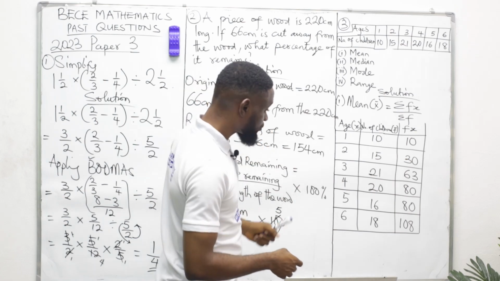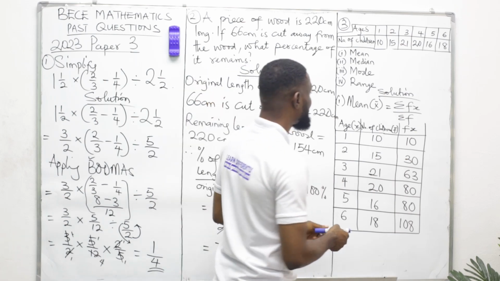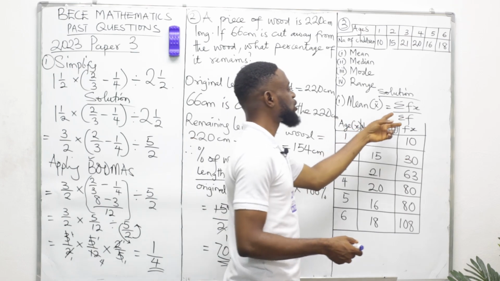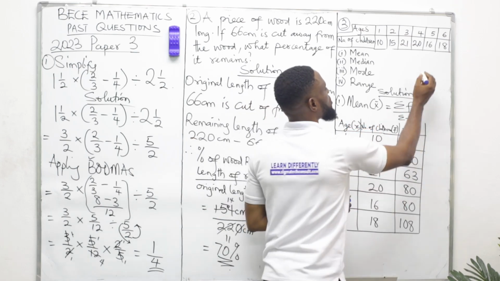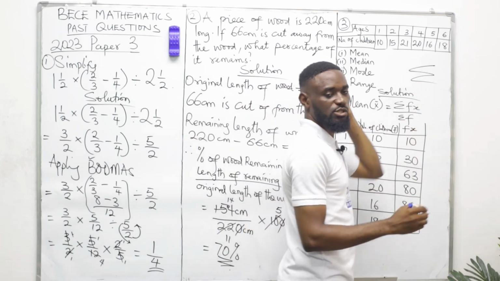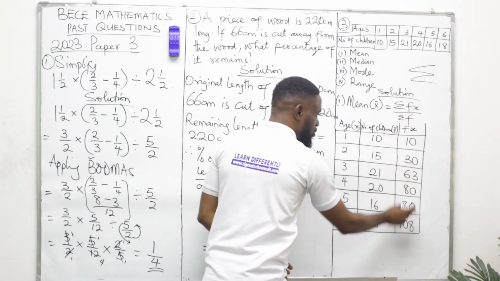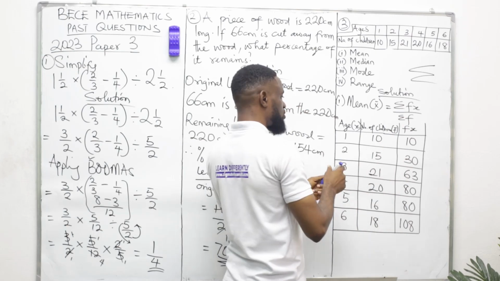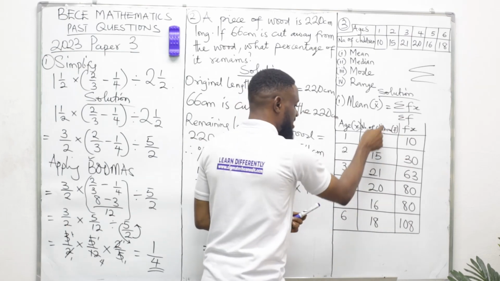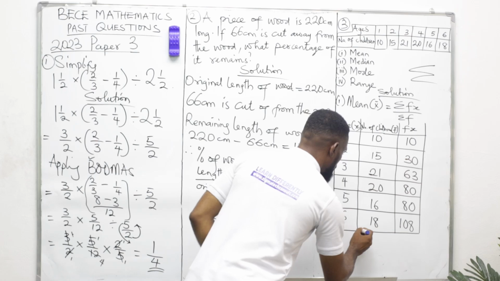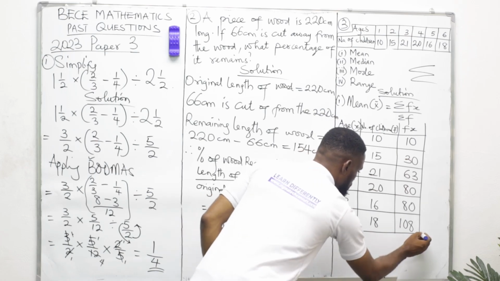Okay, so we got the next step now. Remember, the formula for mean is summation. This symbol means sum, right? It means summation of fx, which is this, so summation of everything here, and summation of f, which is this line. So we now go to summation.